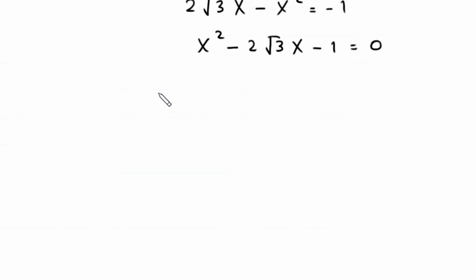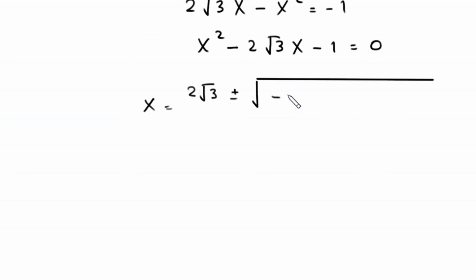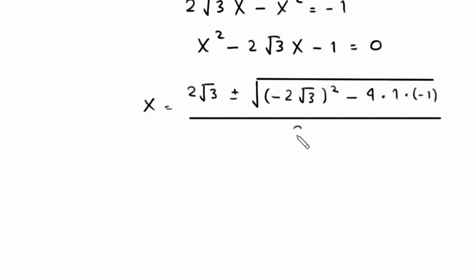Now according to the quadratic formula, x is equal to 2 times root 3 plus or minus the square root of negative 2 times root 3 whole squared minus 4 times a is 1 times c is negative 1, divided by 2 times a is 1.